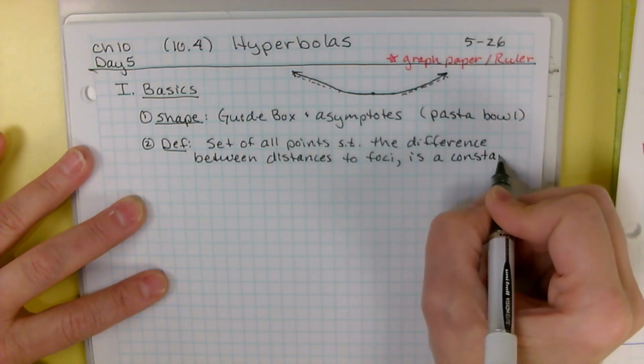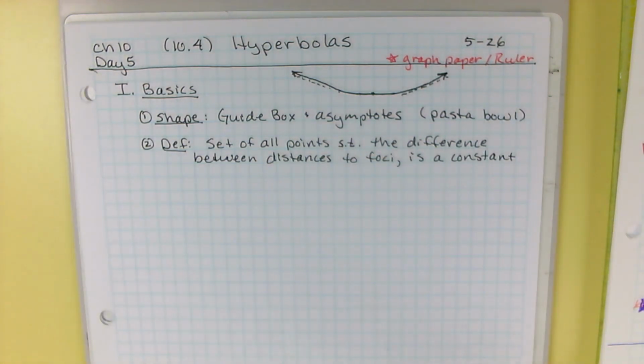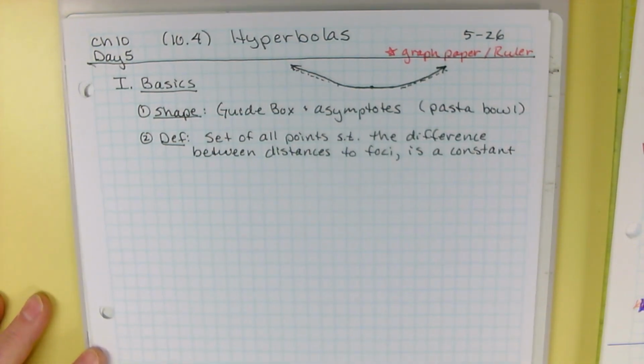So if you remember with ellipses, it was the distance to the edge of the ellipse and each foci was an addition of distances. So it was the sum. In this case, it is the difference of the distance that creates the hyperbola. And you can go on Google and there's all kinds of programs where they'll show you a hyperbola being drawn using string and other things if you want to see it animated.